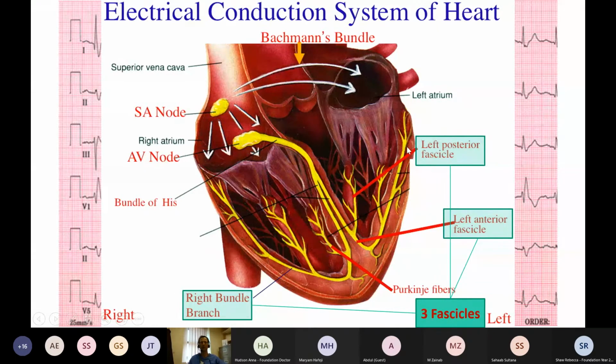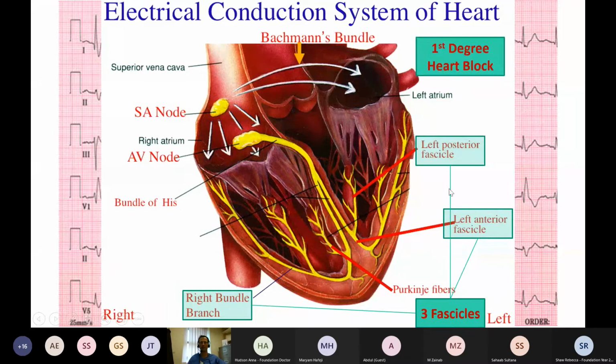And that means that trifascicular block is a misnomer, because if we block the left posterior fascicle, the left anterior fascicle, and the right bundle, what would we have? What would be the name of the heart rhythm that really is block of all 3 fascicles? Yes, complete heart block.